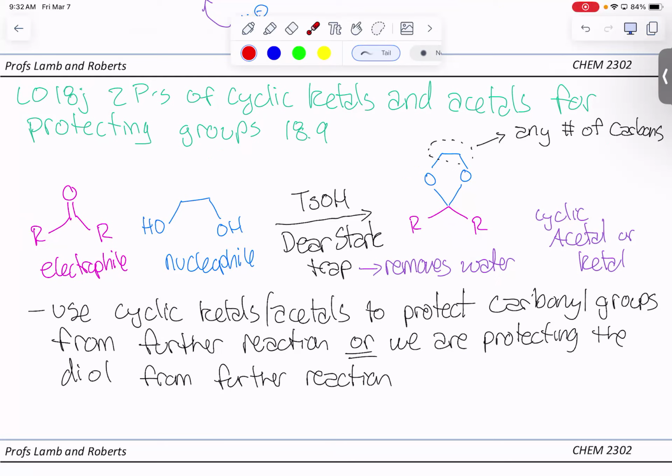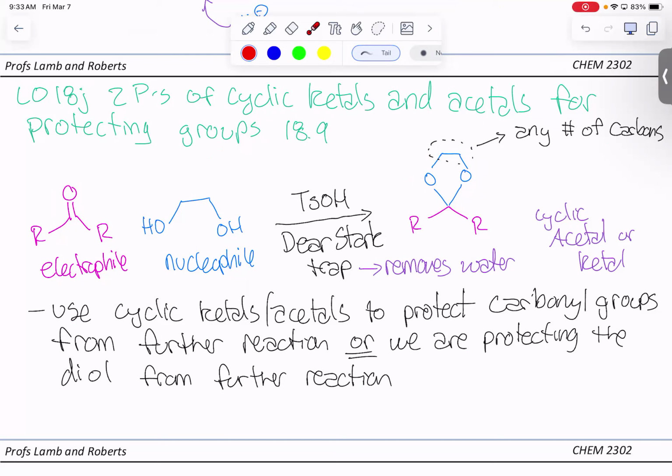So if we tossed in H2 and a metal catalyst, the alkene would go away, but also we would turn this into an alcohol. That's not what we want. So what we would do is put a protecting group on this. We would turn it into a cyclic ketal or acetal. Then we would add H2 and palladium, and it would not react with our acetal or our ketal.